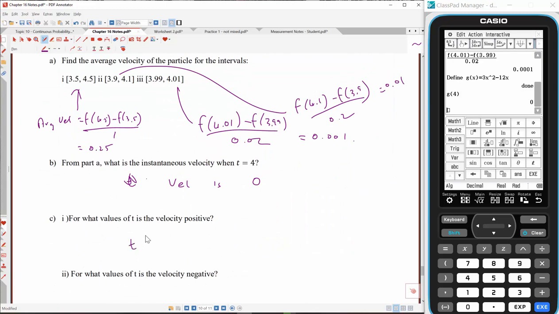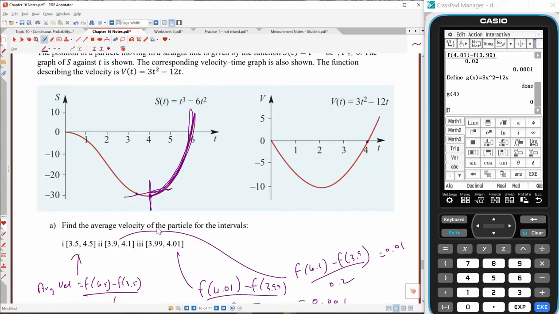So I'm going to say it's for t greater than 4. Does that seem to match up over here? Yes, it does, because at t equals 4, we've got a 0 velocity and a positive velocity after that. And recall, if I've got a positive velocity, it means my object is moving to the right.